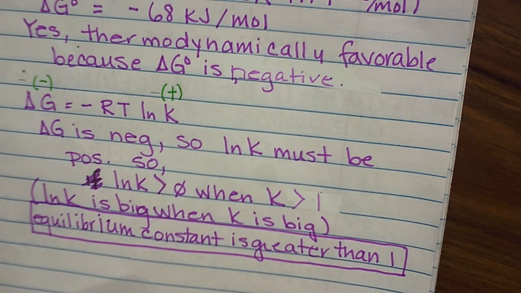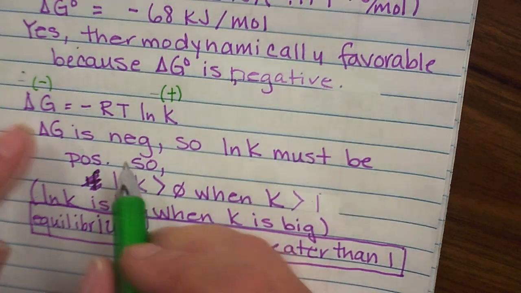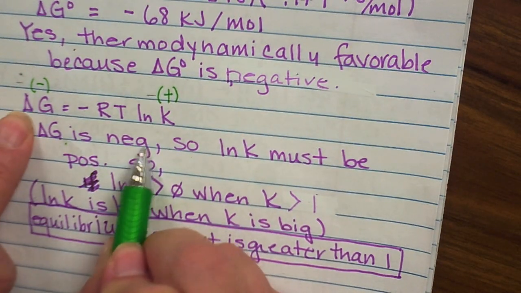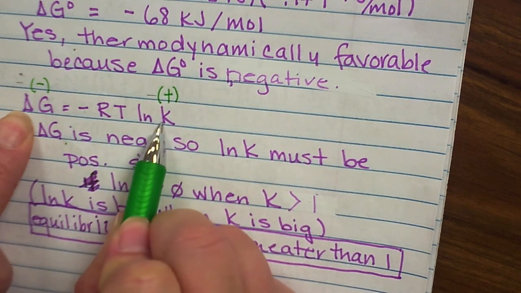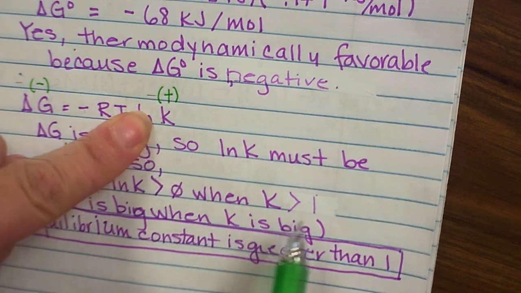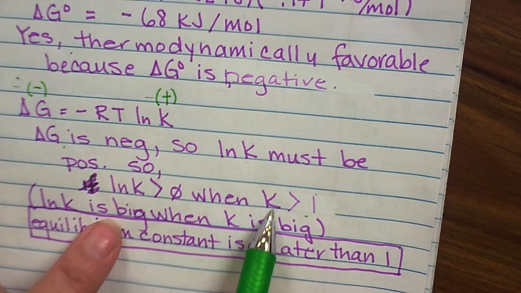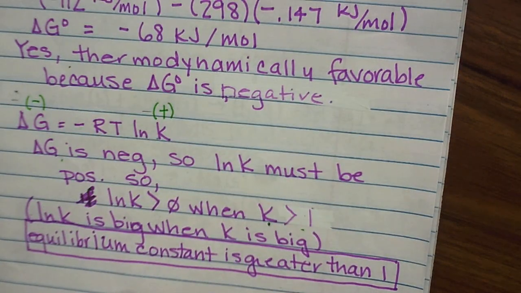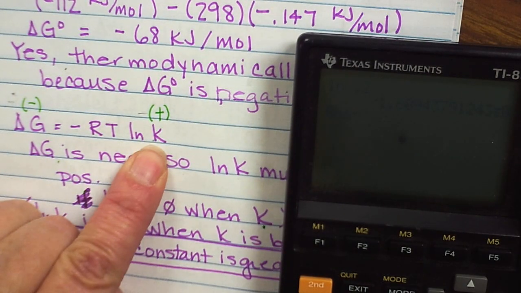Do you understand what I'm doing? I'm trying it out on the test because I can't remember. And then I'm going to say delta G is negative, this is negative, this must be positive. So that means that ln of k must be greater than 0. I'm going to try it out one more time. What if ln was 5?